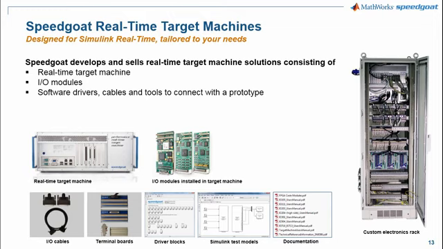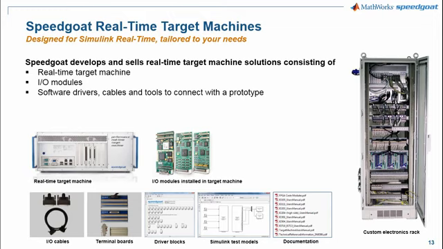Speedgoat is an associate company of the MathWorks and provides tailored turnkey hardware solutions ready to use out of the box. After discussing your project-specific requirements by phone, email, or on-site, Speedgoat will provide you with a solution proposal for a ready-to-use configuration tailored to your performance, I/O, and protocol interface requirements.